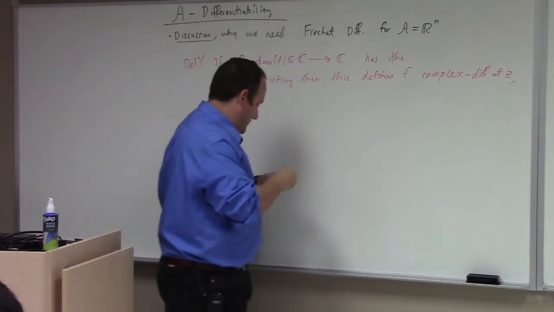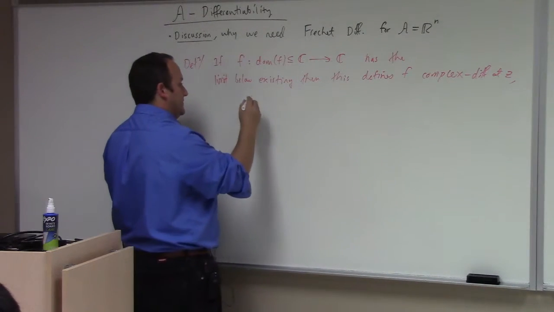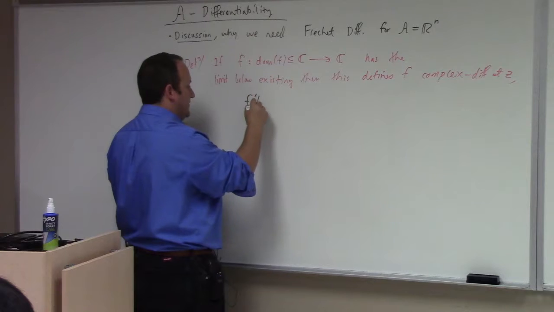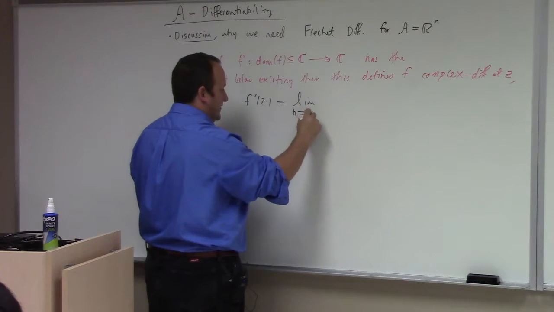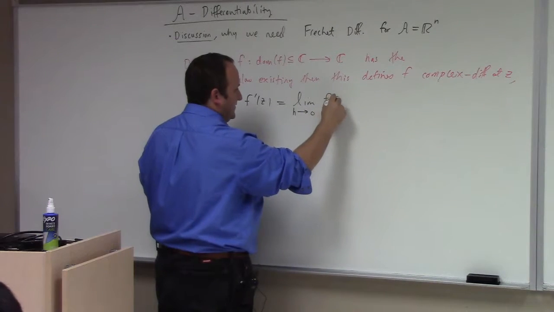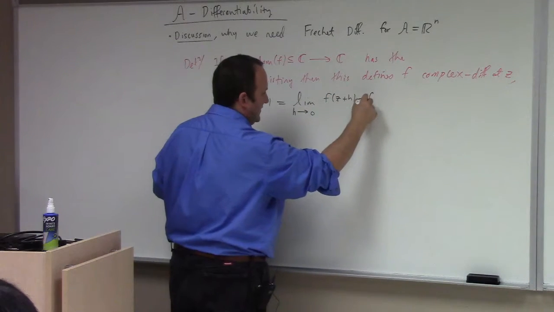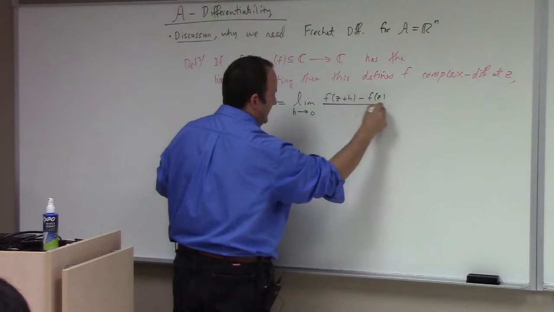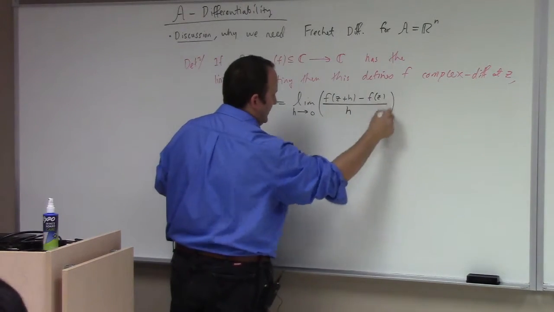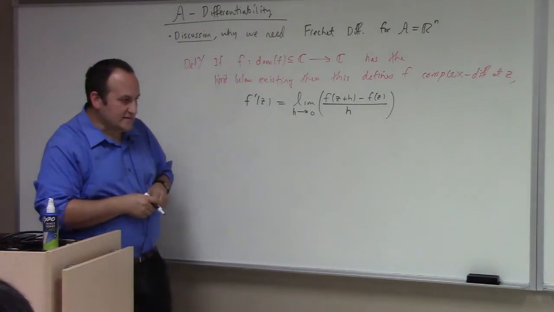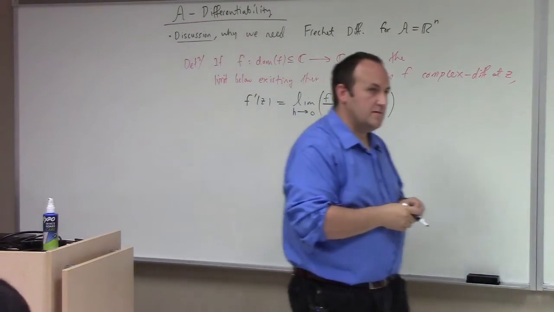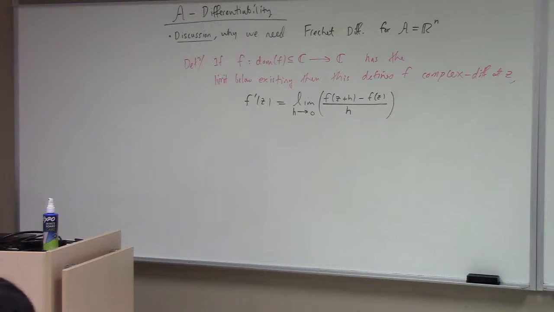In particular, the limit I'm talking about is this. F prime of z is equal to the limit as h goes to 0 of f of z plus h minus f of z divided by h. So this is the standard definition of the existence of a complex derivative and how you calculate it, right?